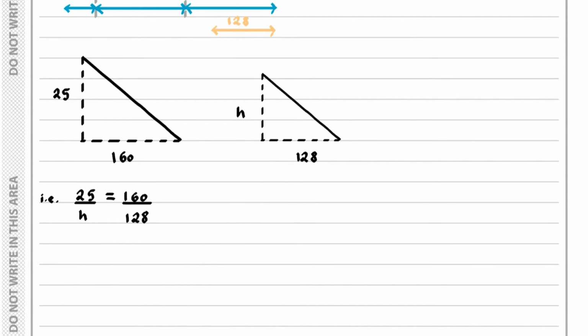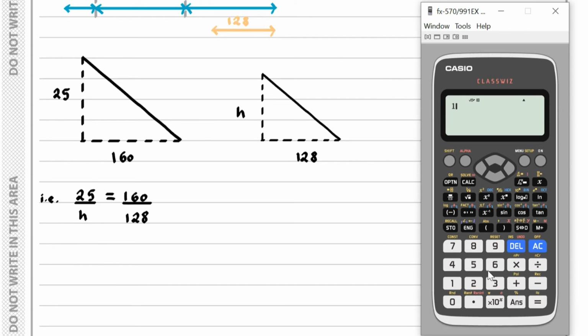So we have 160 divided by 128, which is 5 over 4. So h then will equal 25 divided by 5 over 4, which is 20. So h is equal to 20.